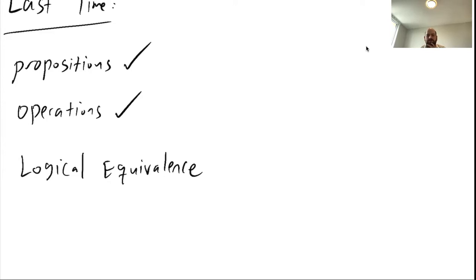So we can construct a truth table where each row corresponds to a certain situation for true or false values of, let's say, P and Q. Now, if for each row the corresponding columns for two compound propositions are exactly the same, then we can say that those two compound propositions are logically equivalent. And we provided some examples.